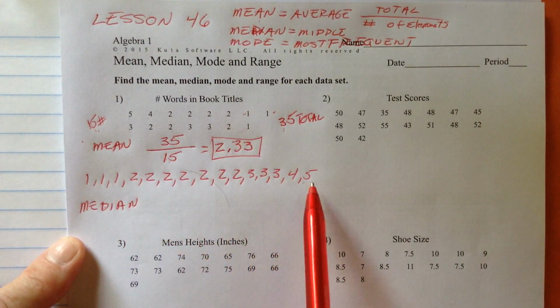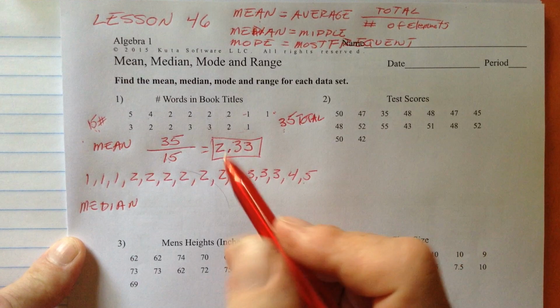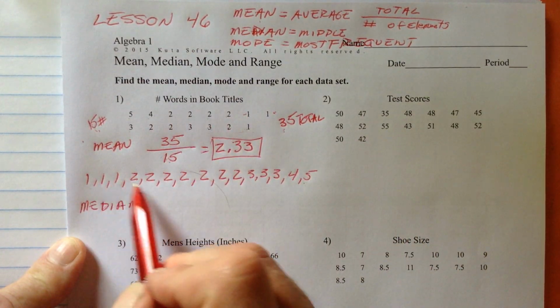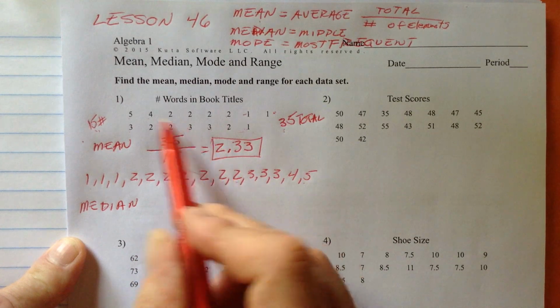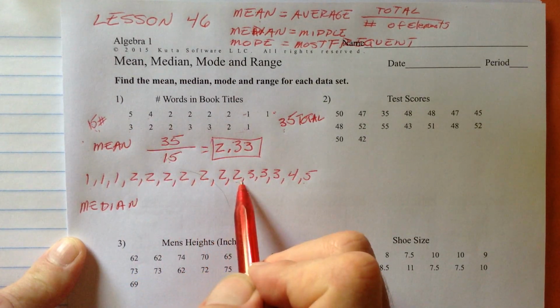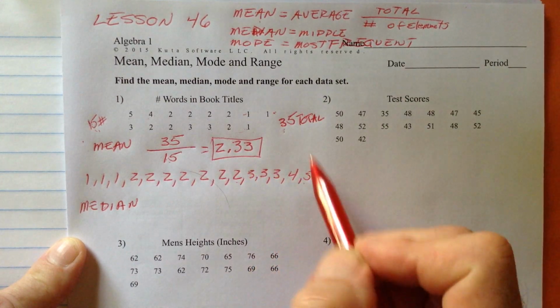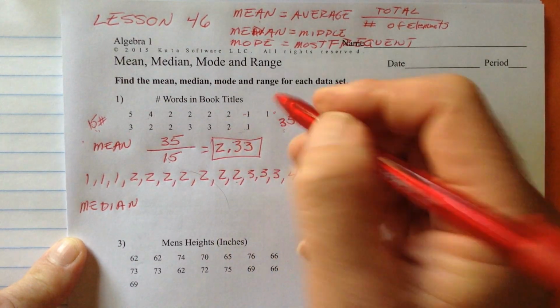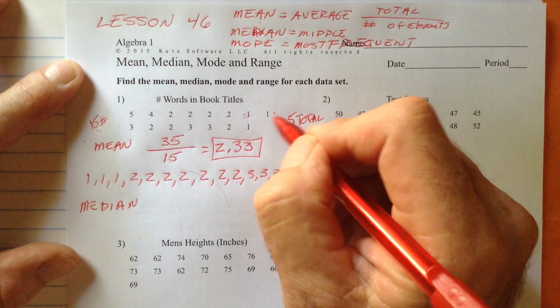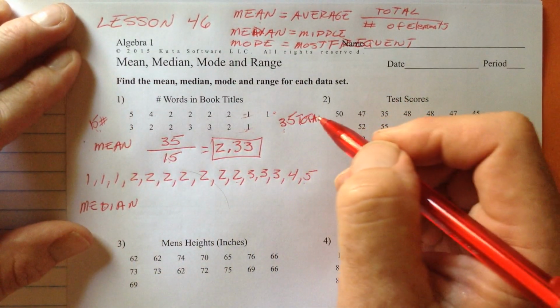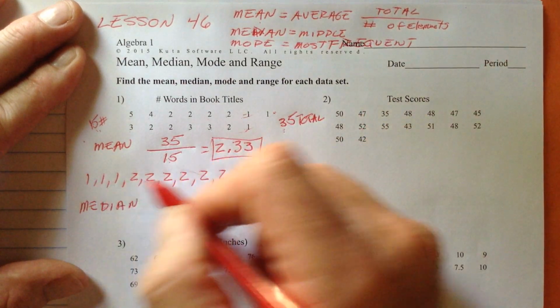Okay, you can go greatest to the least and it'll still come out the same. But here I got 3 1s, so I go 1 1 1. And I got 7 2s, so 2 2 2 2 2 2 2. And I got 3 3s up here, 3 and 3. And then there's a 4 and a 5. And when you do this, I usually cross them out as I go along in order to keep track of the ones that I put down.